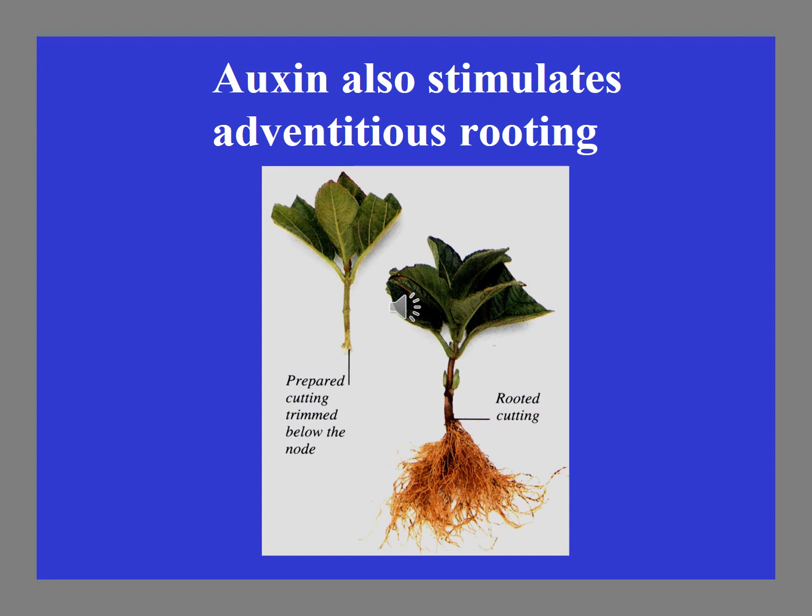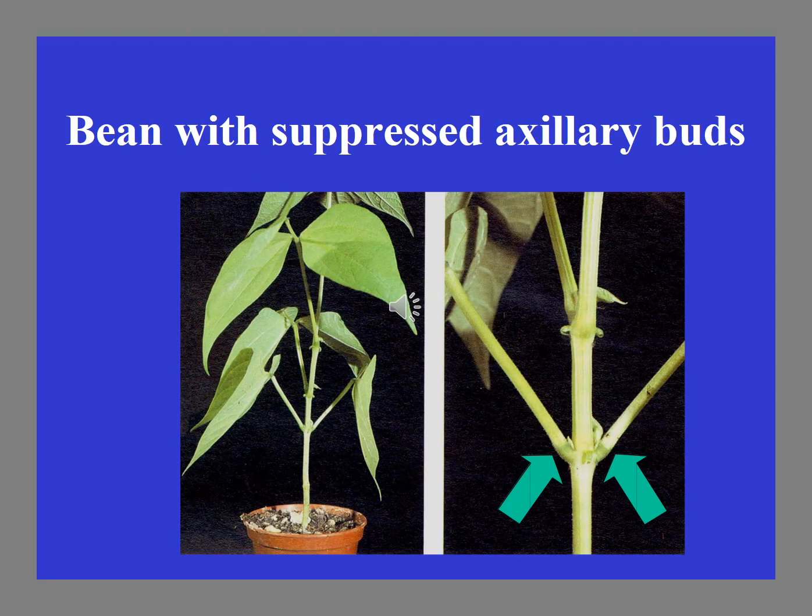So if you cut off the tip of a stem, the lateral side shoots start to really take off because the apical dominance caused by auxin has been removed. This is a picture showing you a bean plant with the stem tip intact where auxin is being made, and these side shoots, they call them axillary buds.